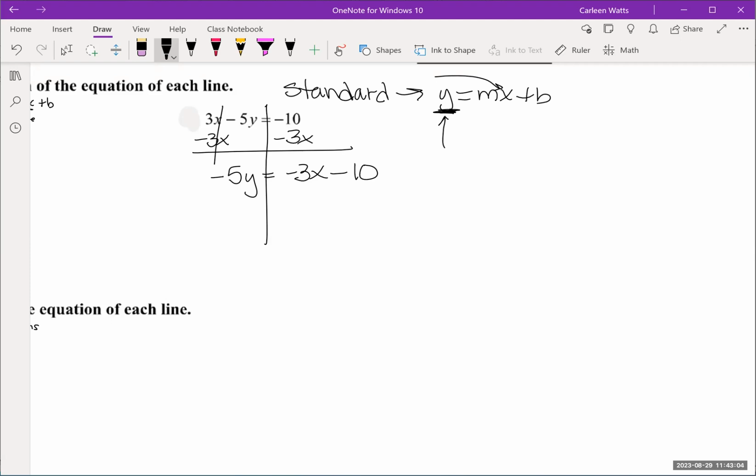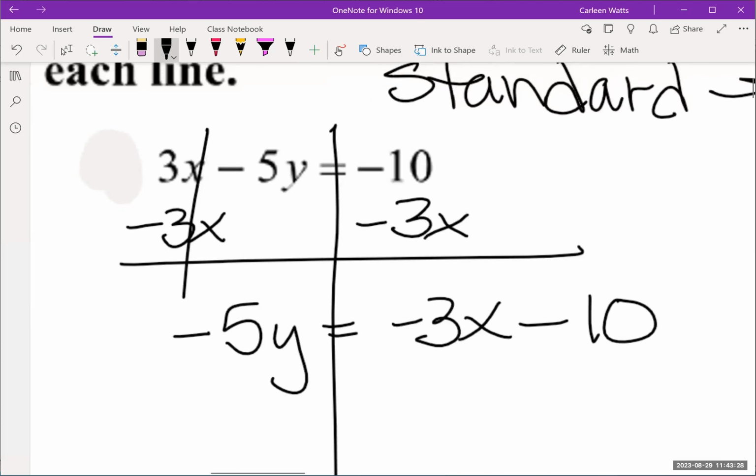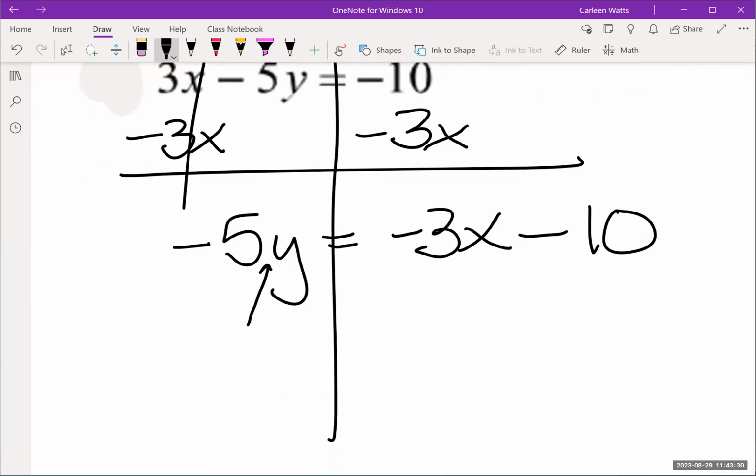Okay, notice in slope intercept form, the Y has no coefficient. What do I need to do next? Add, subtract, multiply, or divide. It's either divide or multiply. Okay, see that right here? Notice what is between the -5 and the Y. Nothing.